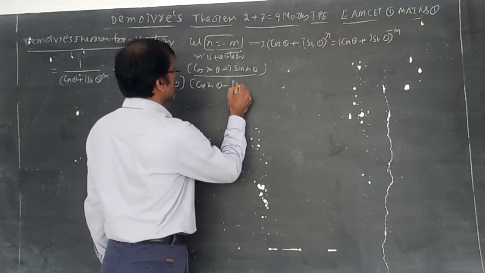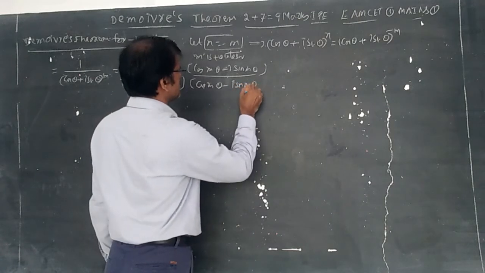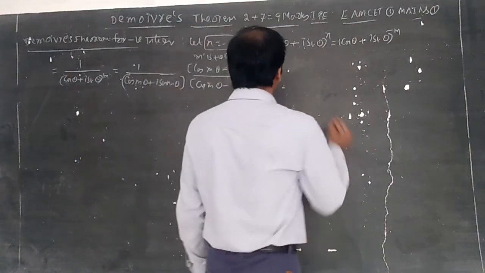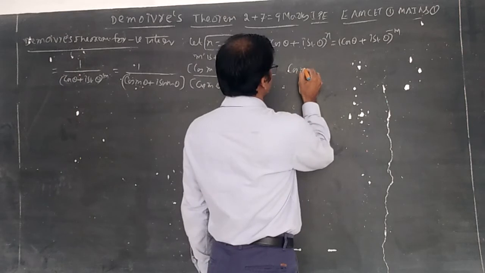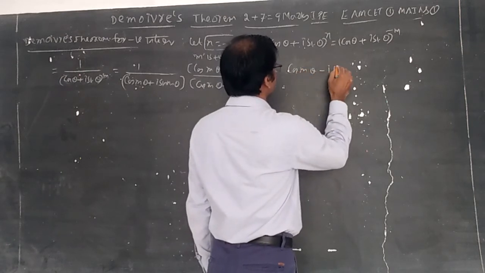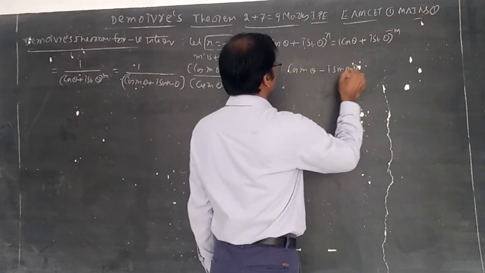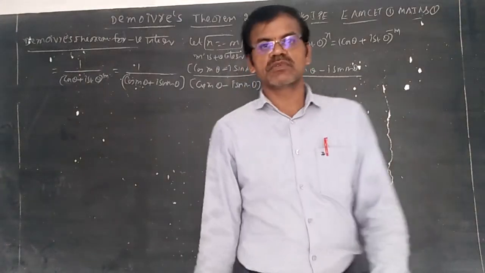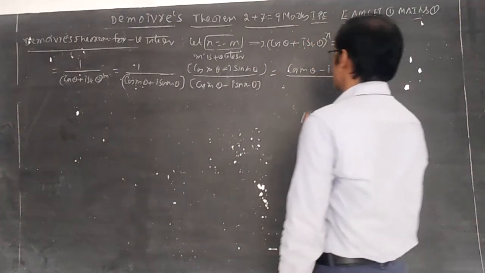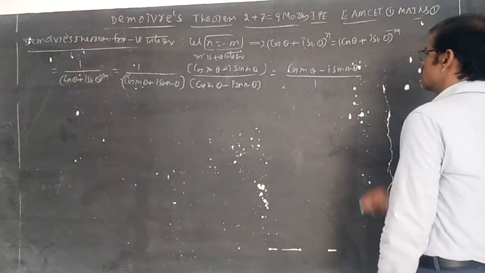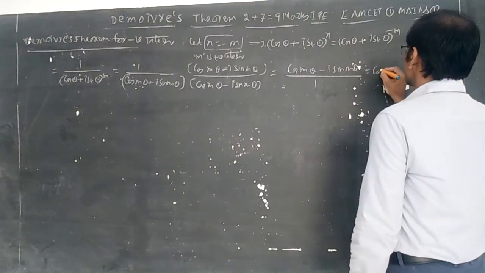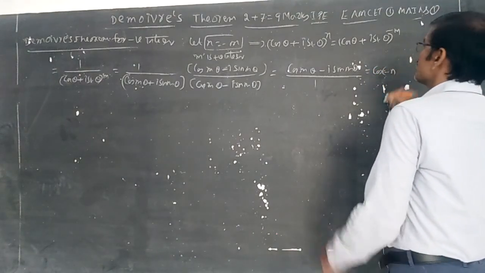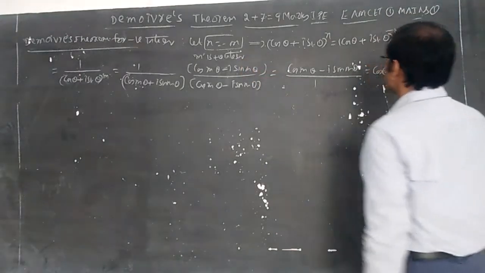So the numerator becomes cos m theta minus i sin m theta, and the denominator is cos square theta plus sin square theta, which is directly 1. So this one, remembering we took n equal to minus m, you can understand.